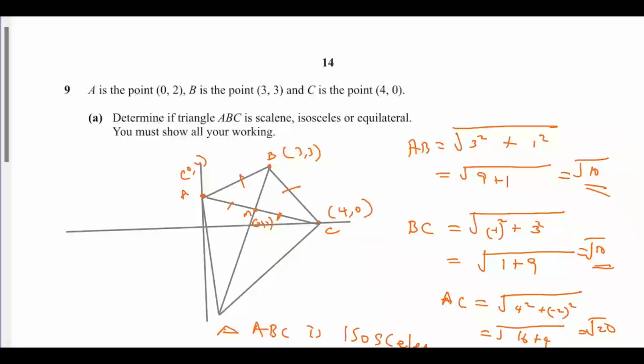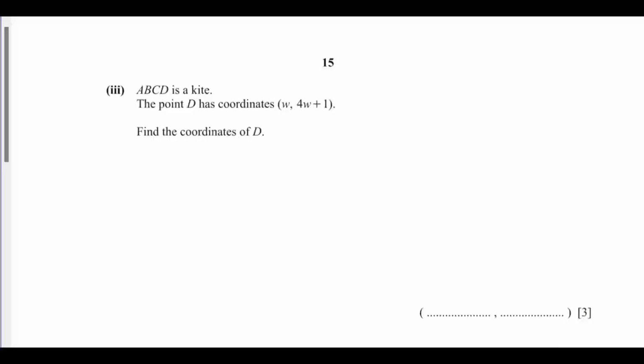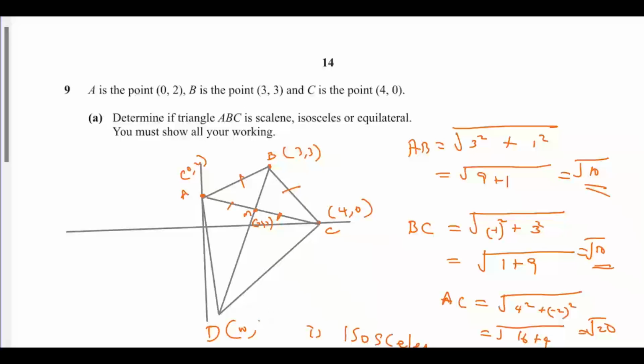So this is point D, and we are given the coordinates to be w, comma, let's check again, 4w plus 1.